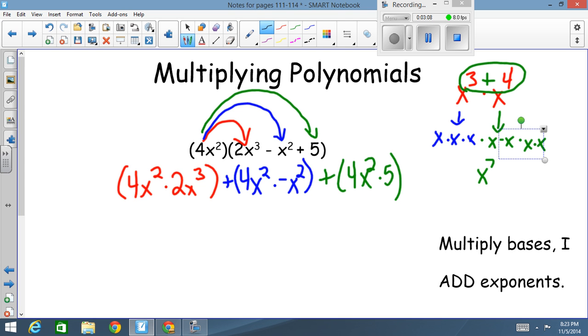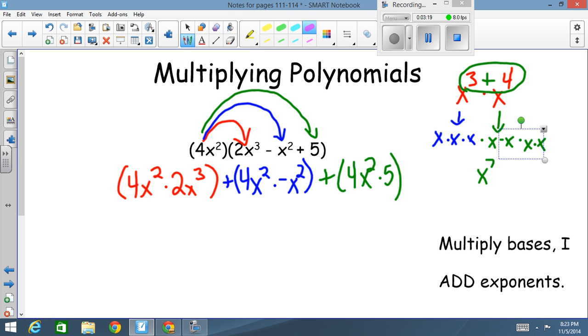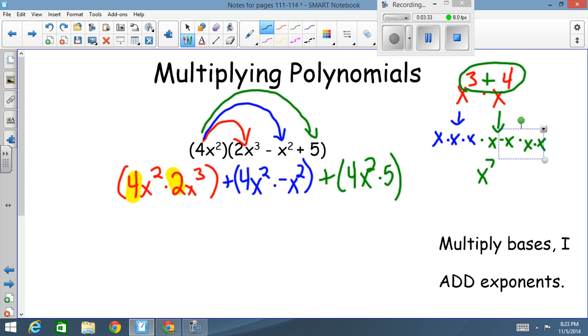Now the one thing I didn't say down in the corner here: when you multiply bases, you add exponents. But when you're talking about the coefficients of these terms, like the 4 and the 2, we're going to actually multiply those the regular way.